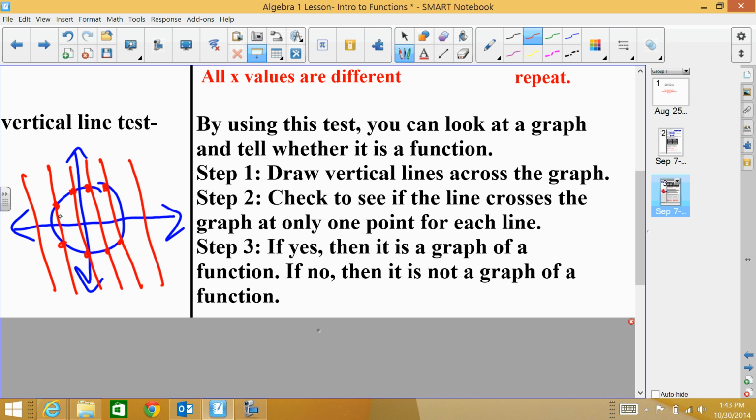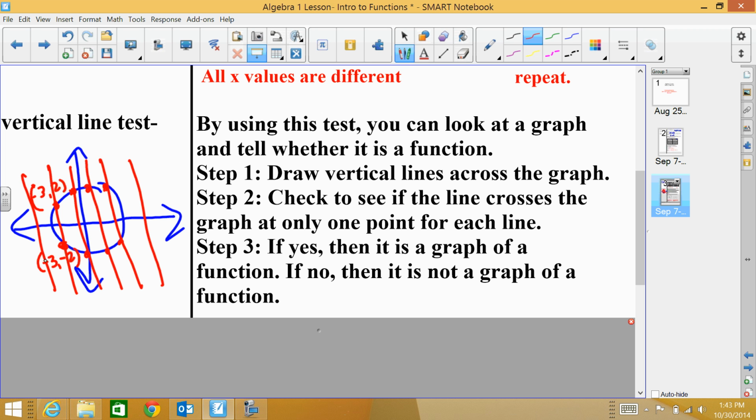Because these touched more than 1 point, that means that this would be like the point, let's make up one, (-3, 2). And this point would be like (-3, -2). Since these x values are the same, but I have 2 different y values, that would mean that this would not be a function.